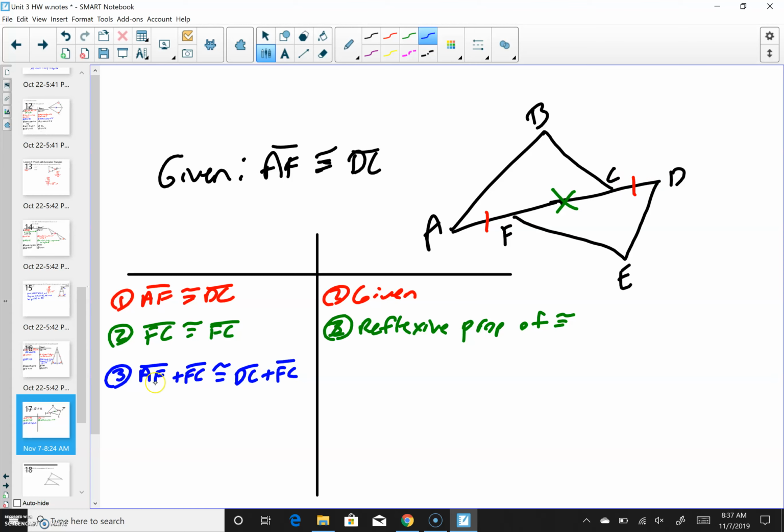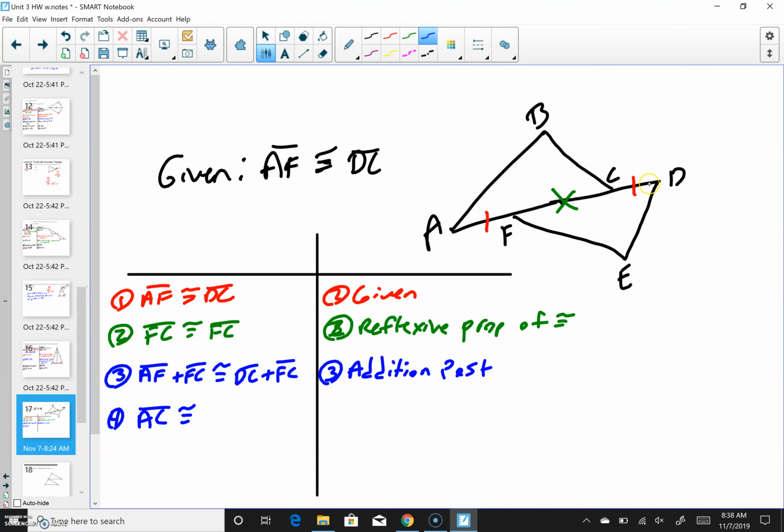So if you look, we took two things, AF and DC, that were congruent based on our givens, and we added the same thing to both of them. That's our addition postulate, where we take two parts of sides that we already know are congruent, and we add the same thing to both of them, in this case our reflexive piece. And then we want to state that when you take AF and FC and add them together, you get the whole side, which is AC.